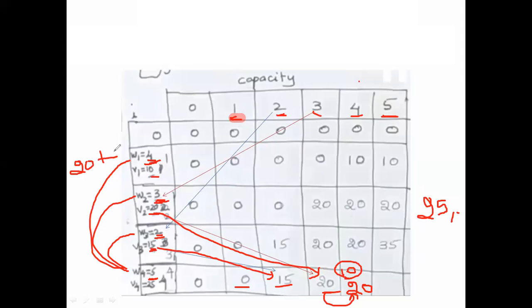What is that total value? 35. So now you compare this 35 with the 25, which is the maximum value? 35. So 35 you must write here.